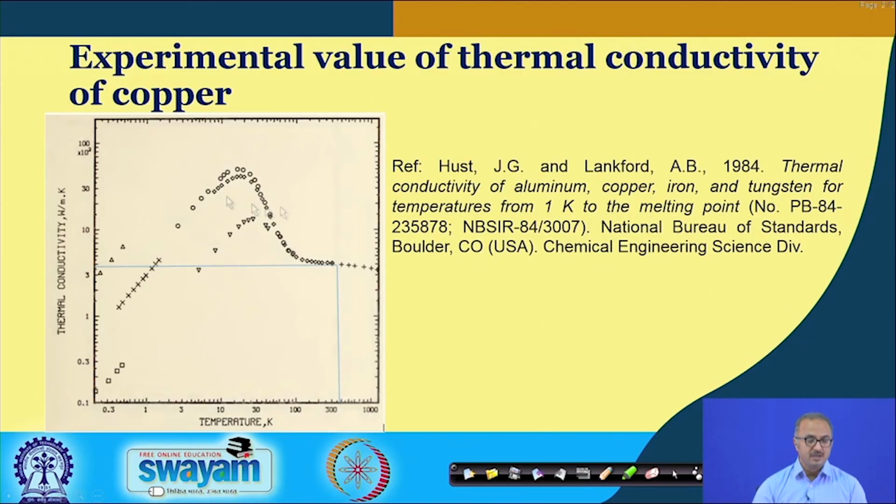From this chart you can again figure out the thermal conductivity of copper as a function of temperature, and I have shown you here how to locate the thermal conductivity for the given conditions in this problem. You can read out the values of thermal conductivity by locating the temperature, and you can see that this value is coming nearly the same as the value we have computed from the given correlation.